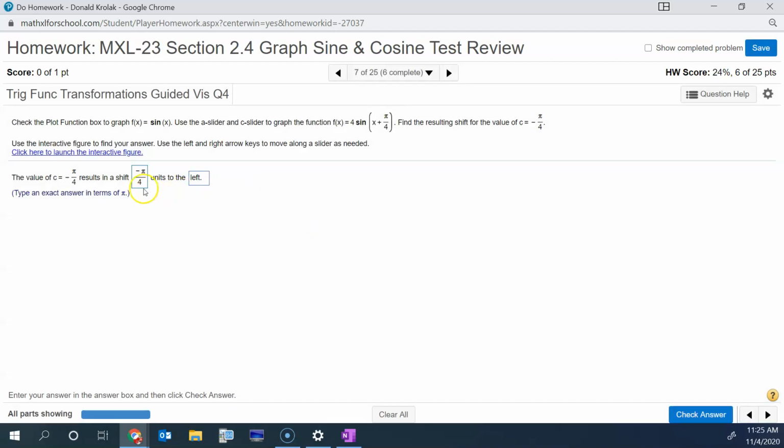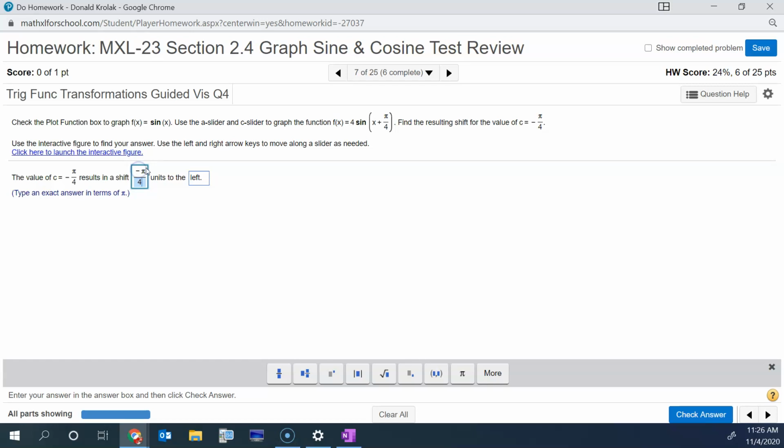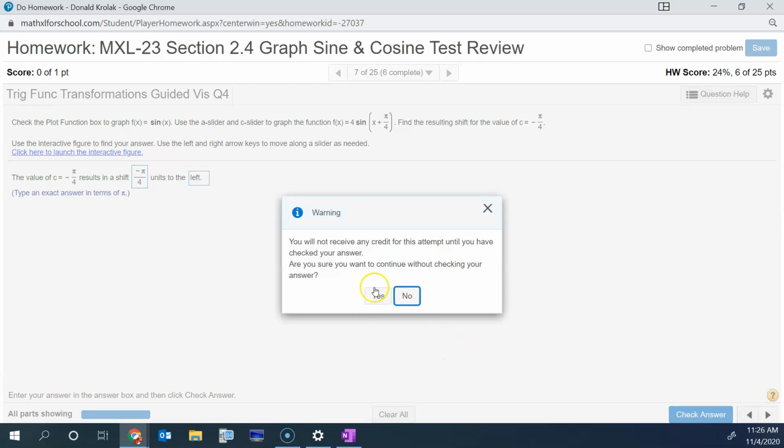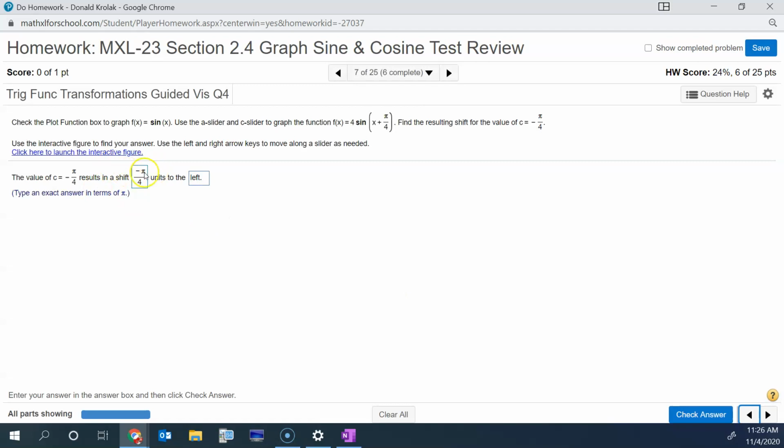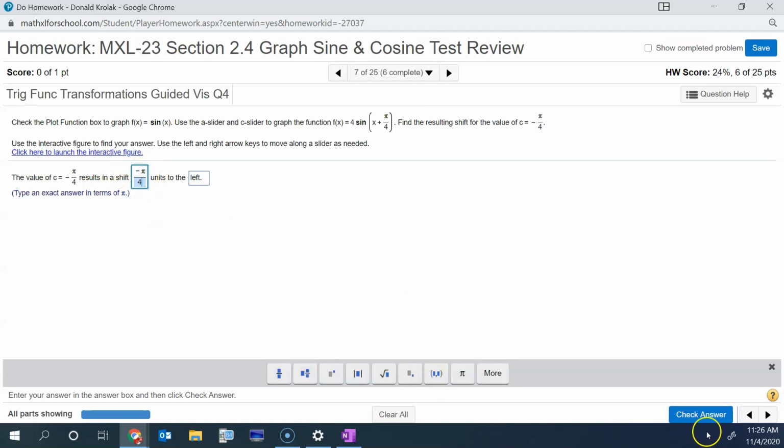Oh, it's just pi over 4, yeah. So I don't need the negative on it. There we go.